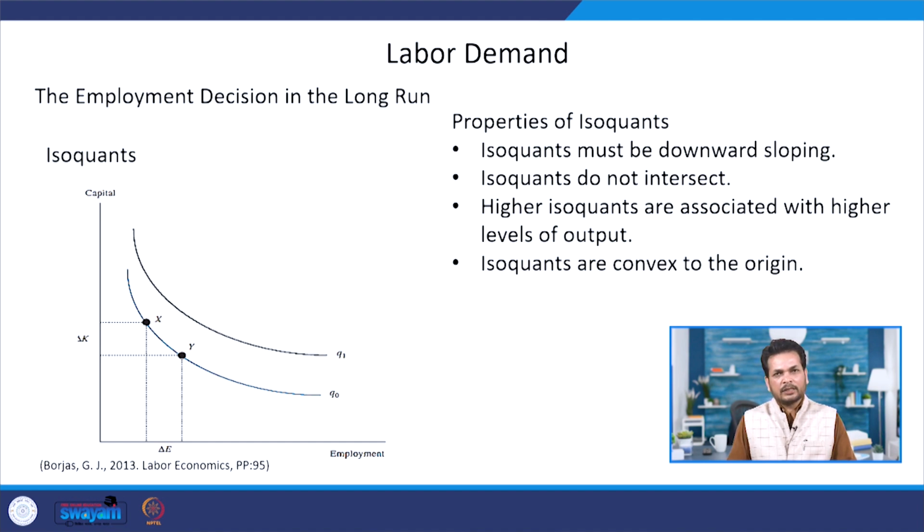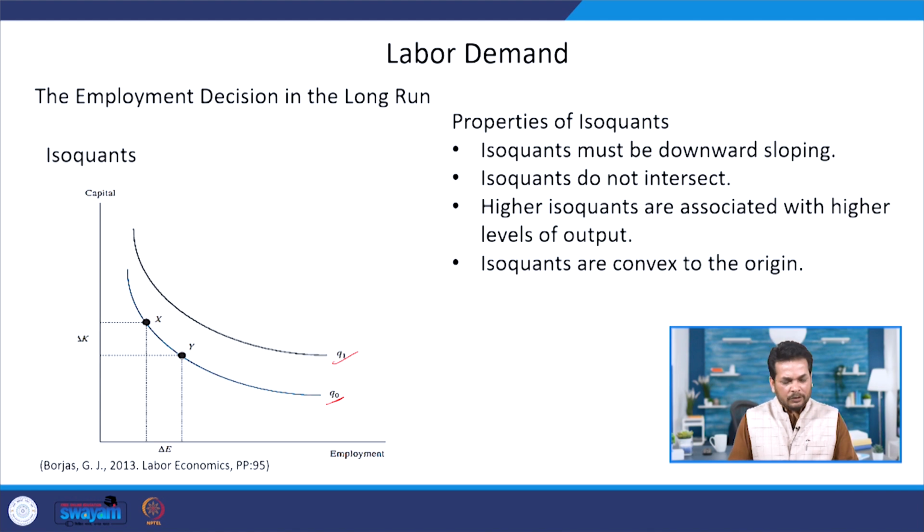Higher isoquants are associated with higher levels of output, so Q1 produces a higher level of output compared to Q0, and isoquants are convex to the origin. So, these are the properties of the isoquants.